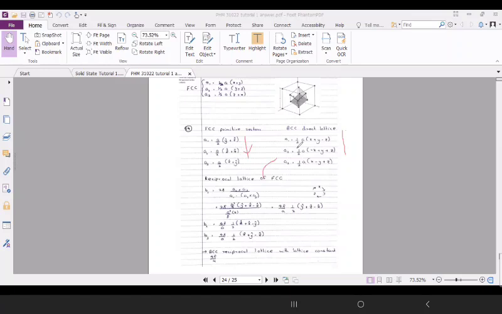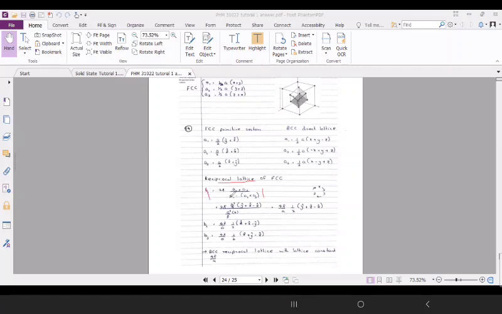These two vector values are already given. But you want to think about the reciprocal lattice of the FCC. For this purpose, you are given the reciprocal lattice equation.